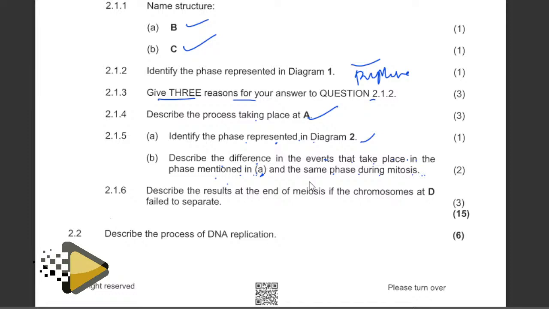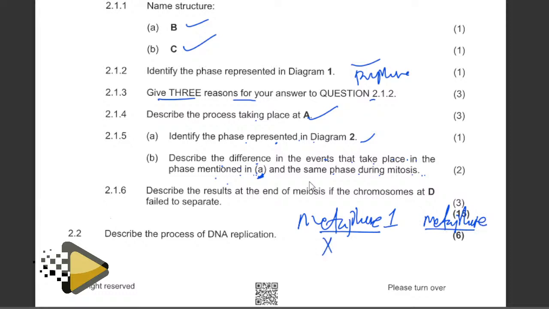Oh, they want the differences between this phase, metaphase 1, and metaphase. Remember, mitosis doesn't have metaphase 1, metaphase 2.